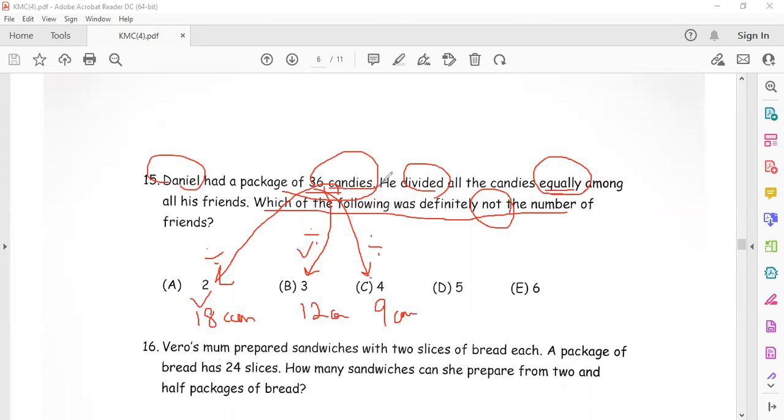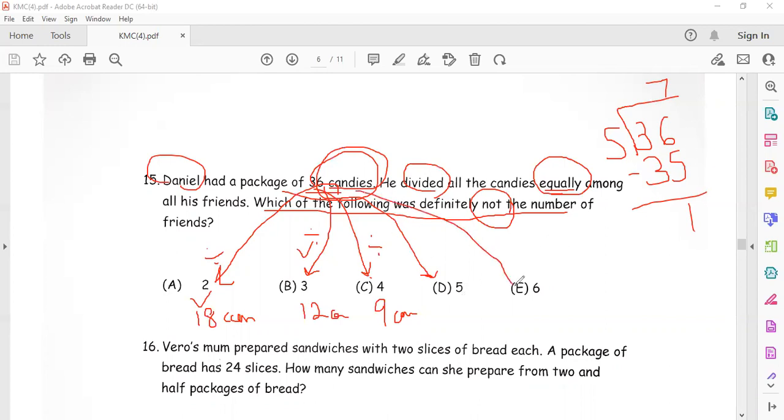However, if you have 36 candies and you had 5 people, you try dividing it. 36 divided by 5. Here you would have 7. 7 times 5 is 35. And you're going to have a remainder, which means you will not be able to divide the 36 candies equally.